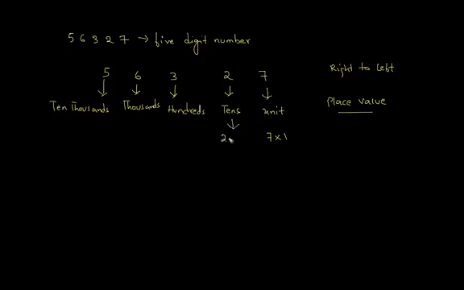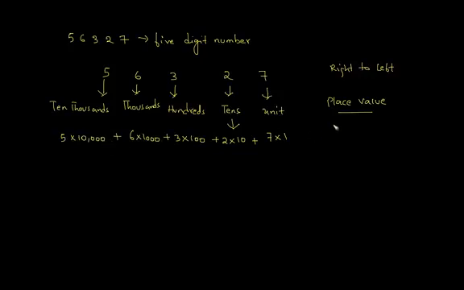The tens, so 2 into 10, right? The place value of 3 is 3 into 100. Then the place value of 6 is 6 into 1000. The place value of 5 is 5 into 10,000, right?